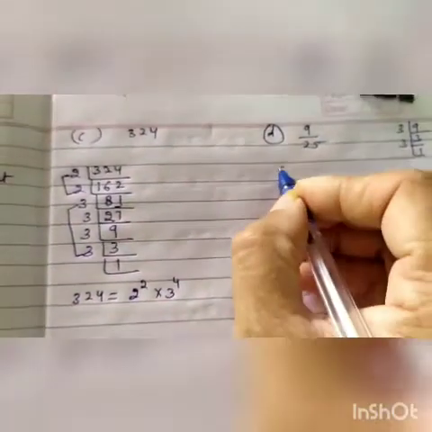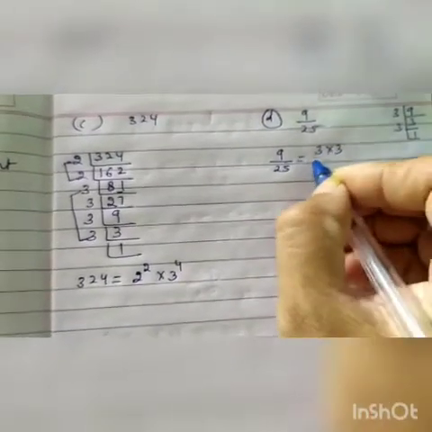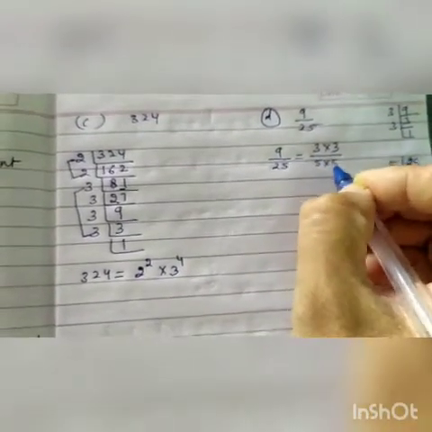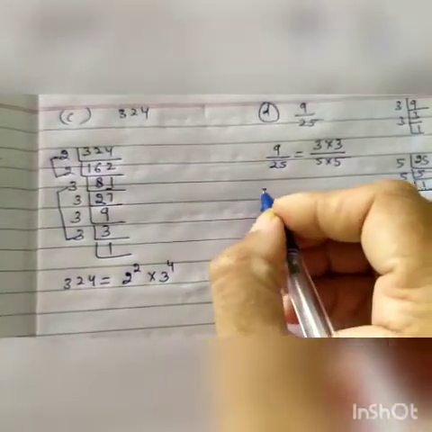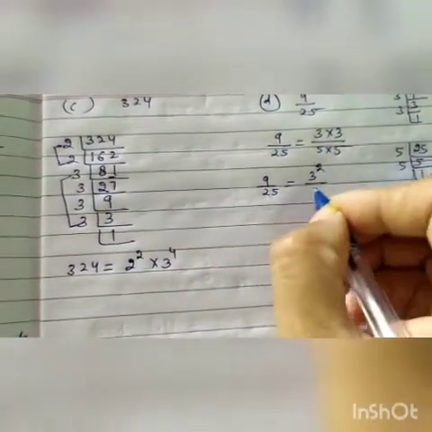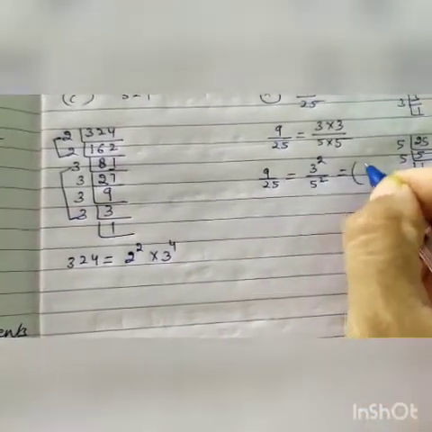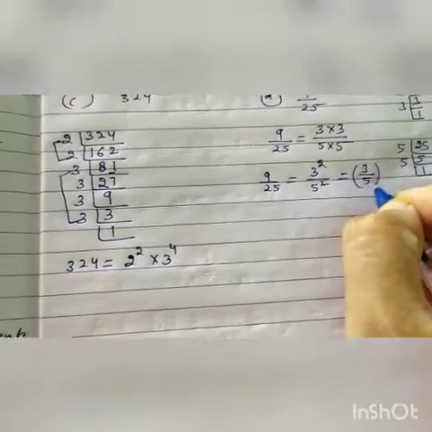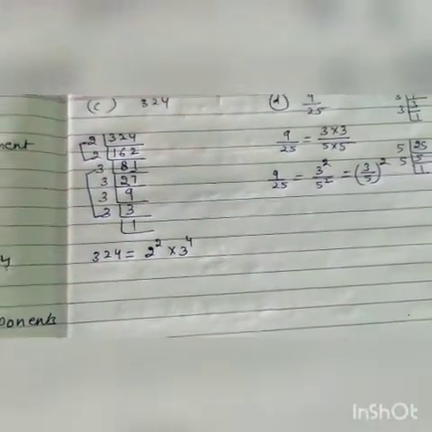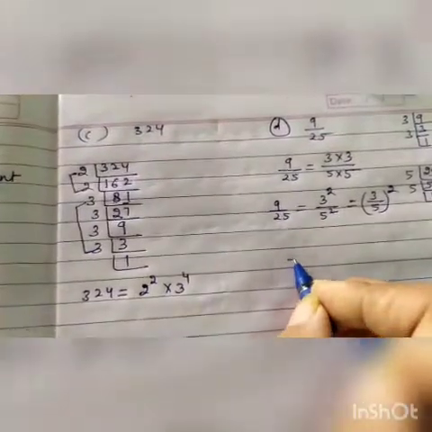It means 9 upon 25 can be written as 3 into 3 upon 5 into 5. So 9 upon 25 is equal to 3 power 2 upon 5 power 2. Both the powers are same, so we can write it 3 upon 5 whole power 2. Then next E part.